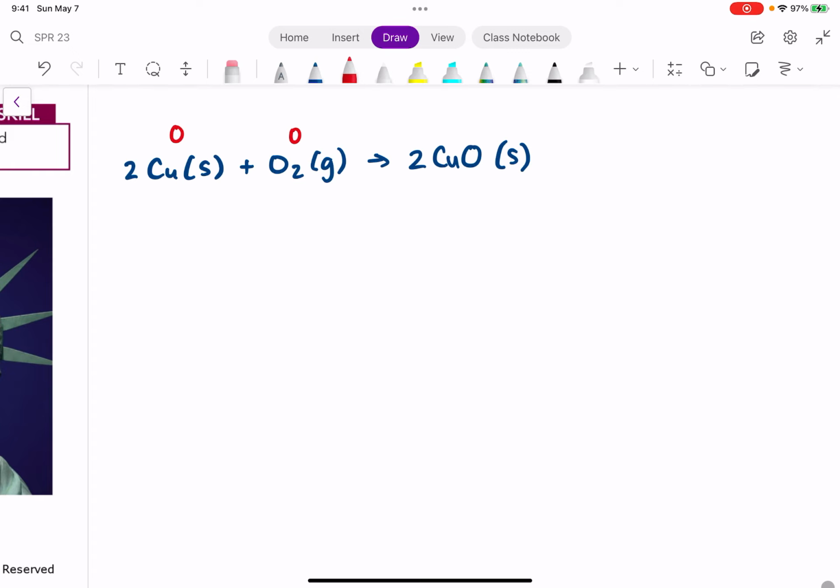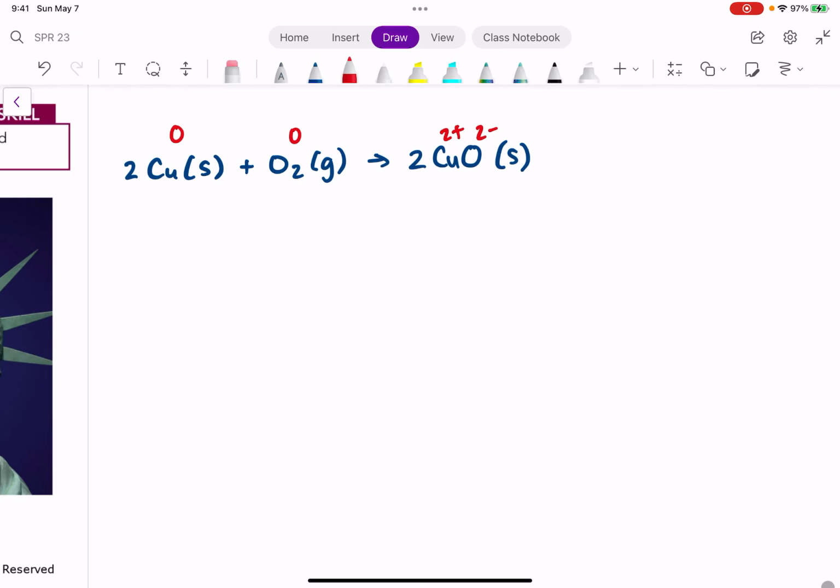But oxygen always forms what type of ion? Yeah, a 2 minus charge. Always. Okay. What about copper? If oxygen has a 2 minus charge here, what does the charge on copper have to be? Yeah, it has to be 2 plus, right? That's why they bonded together. They want to be neutral.